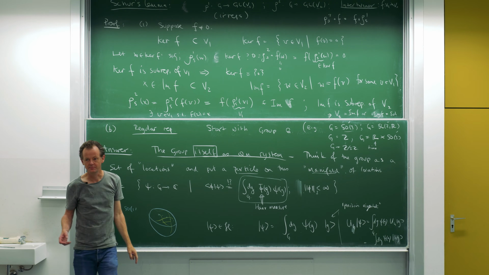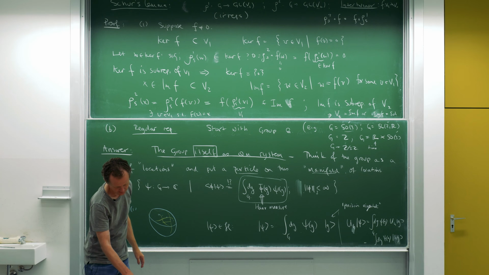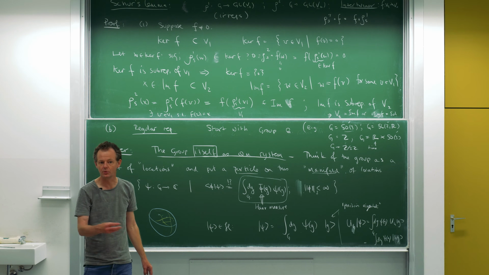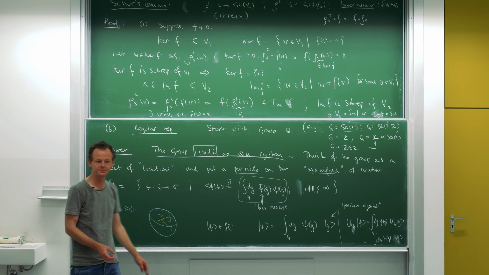And such a thing has a name. Right? It means that f is an isomorphism between these two vector spaces.